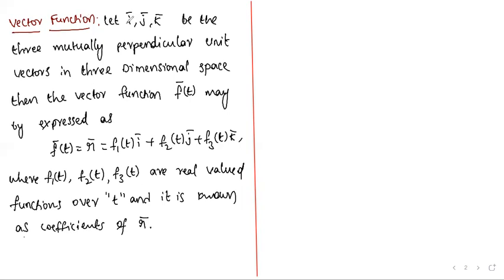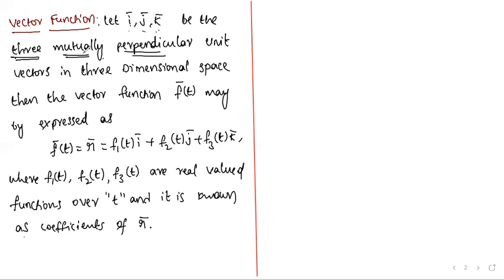I bar, j bar, k bar are three mutually perpendicular, meaning pairwise perpendicular: i is perpendicular to j, j is perpendicular to k, and k is perpendicular to i.